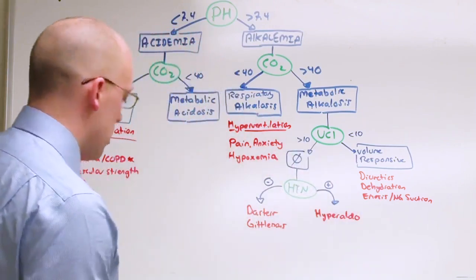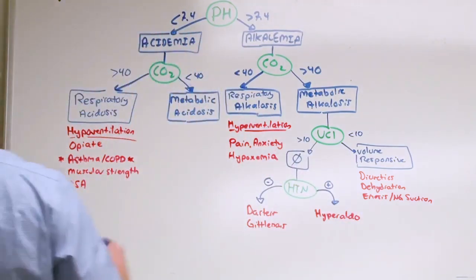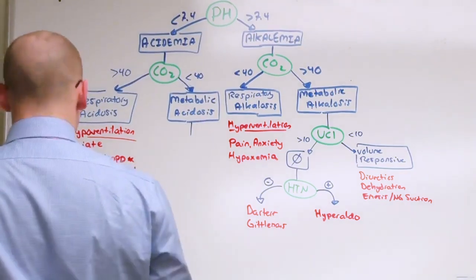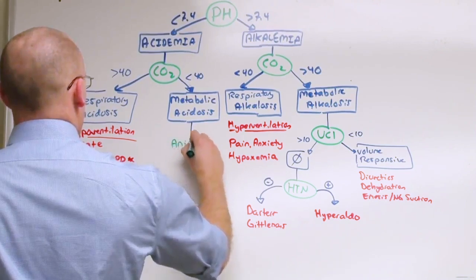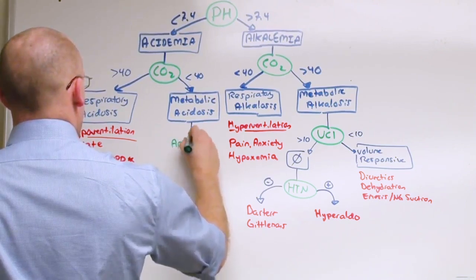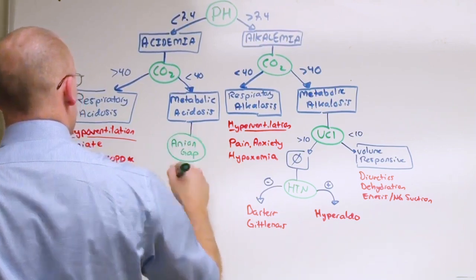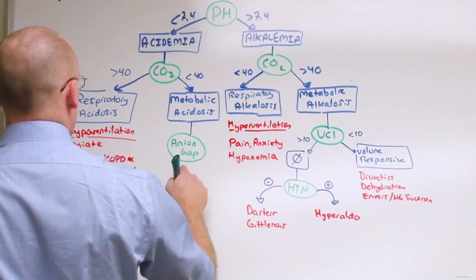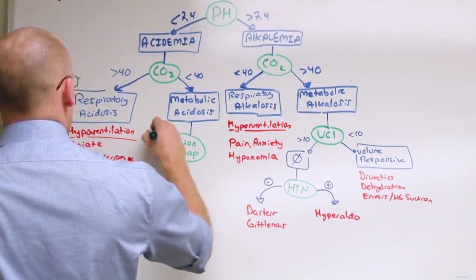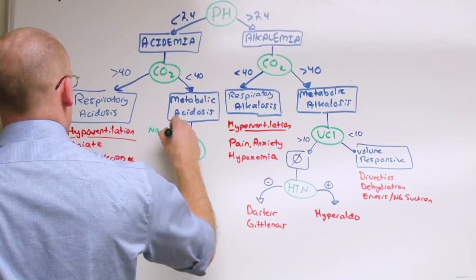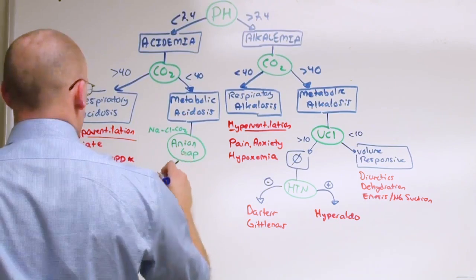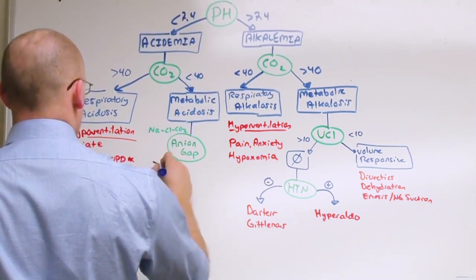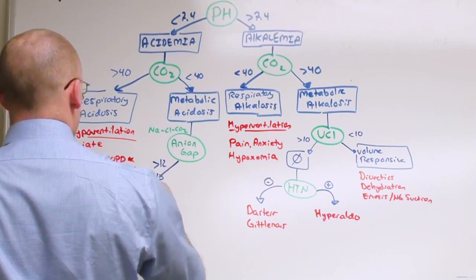Let's jump over to metabolic acidosis. When you have a metabolic acidosis, your next step is to assess the anion gap. The anion gap is calculated from the serum basic metabolic profile. It is sodium minus chloride minus bicarb. If the anion gap is greater than 12, you have an anion gap acidosis.